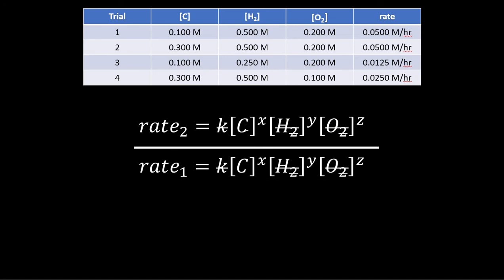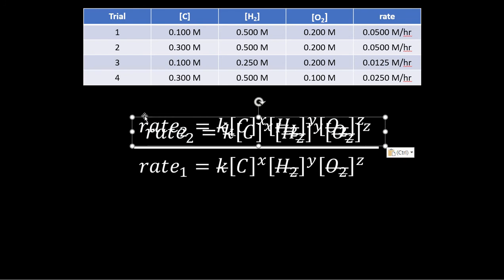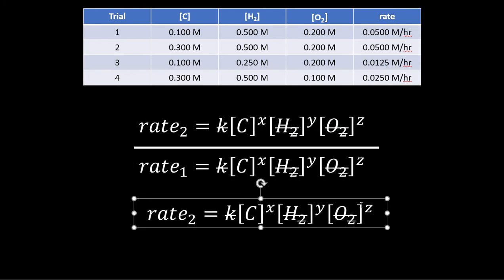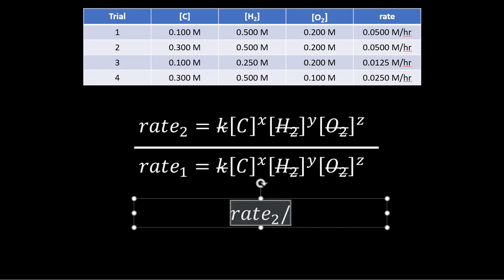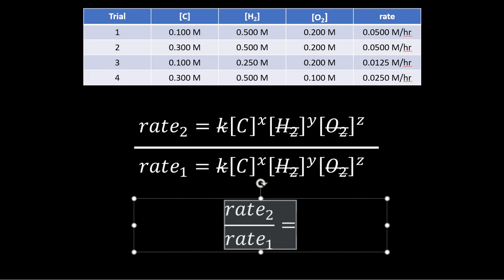So in the end, what we have is the value of the rate in trial 2 divided by the rate in trial 1.